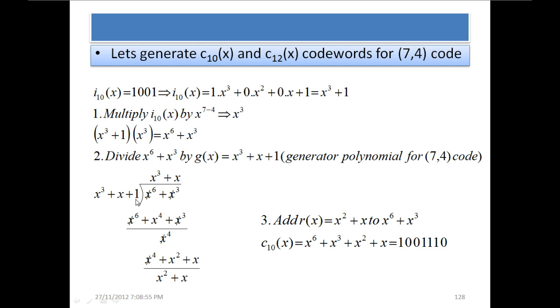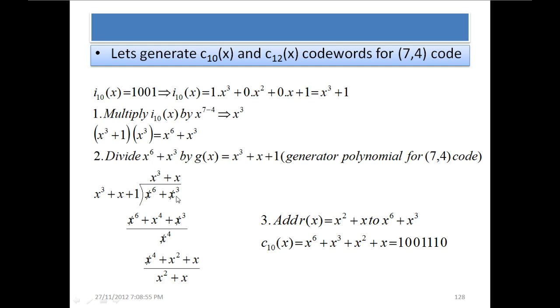We will follow the same steps again. First of all, we want a term which is x raised to power 6, and for that we multiply the divisor by x cube. When x cube is multiplied by x cube, it gives x raised to power 6, then x cube multiplied by x gives x raised to power 4, since 3 plus 1 is equal to 4, and x cube multiplied by 1 gives x raised to power 3.